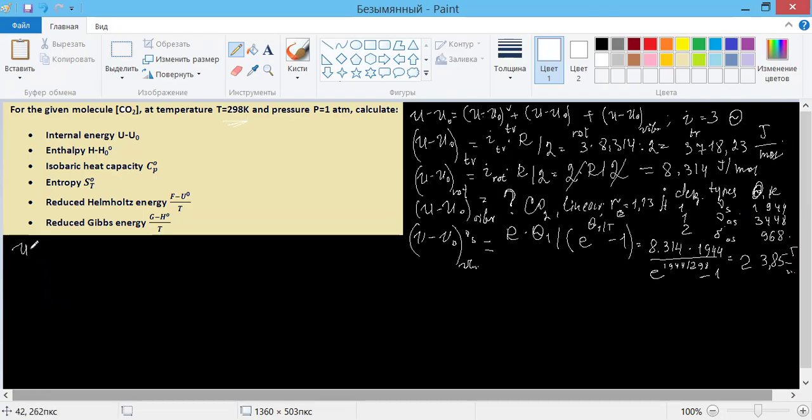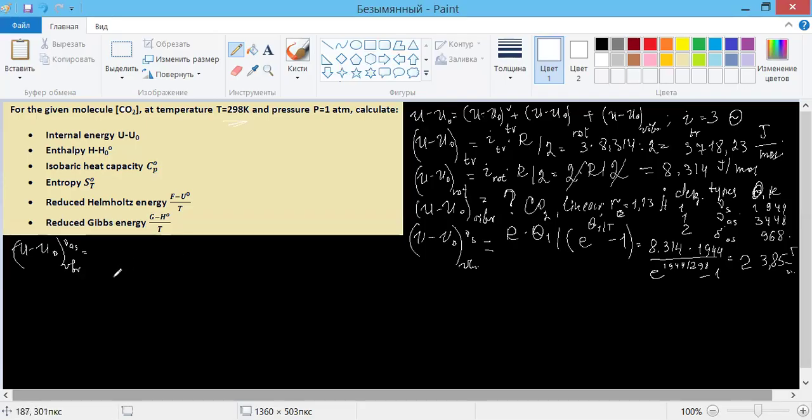We are writing U minus U sub 0 of vibration for nu sub AS is equal to the same formula, but the difference is that now we're going to take not theta sub 1, but theta sub 2, this one, 3448.